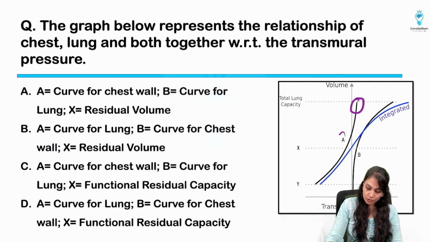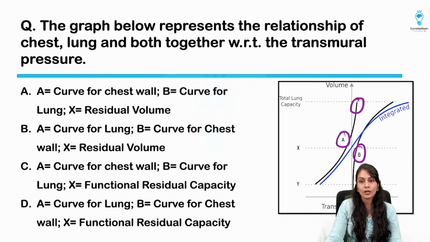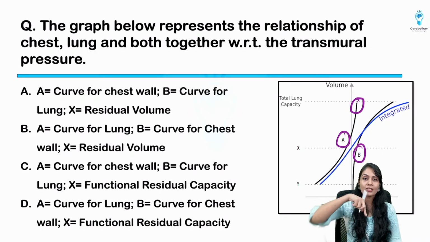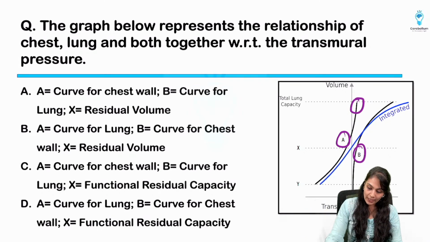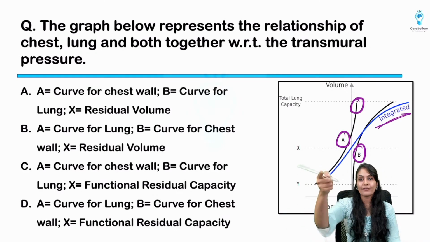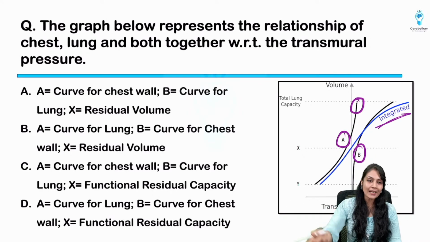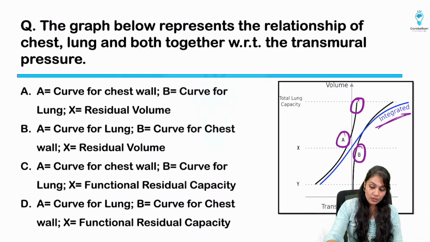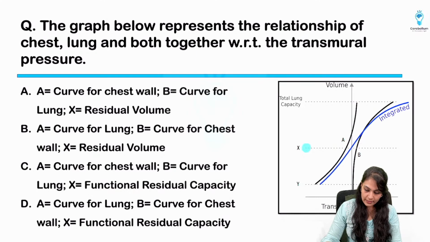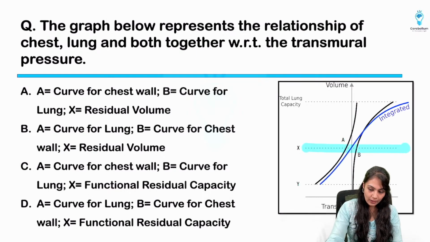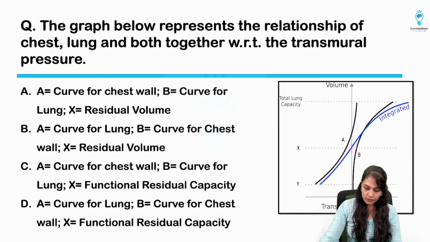The A which is shown and B over here which is shown. I told you C comes first and then L will come, and in between we have this blue colored integrated diagram, which is nothing but the average of both these two. They haven't asked about this blue color, rather they have asked about the X. Where is the X? See over here, this is the X. That means they are not asking about the whole thing, they're asking about this point denoted over here. What is this point?